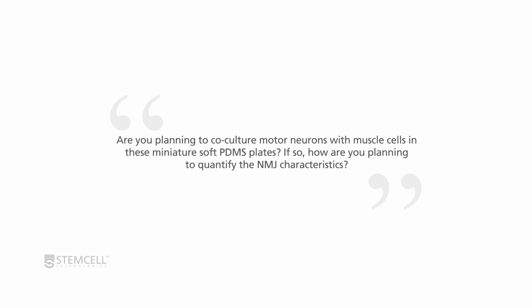Because if we're going to start to do quantitative studies, then we need to start out with a system that's really nicely controlled. So we're working on methods to be able to make that part of the process uniform first, because ultimately we do see a bit more spontaneous activity in our neuromuscular co-cultures.